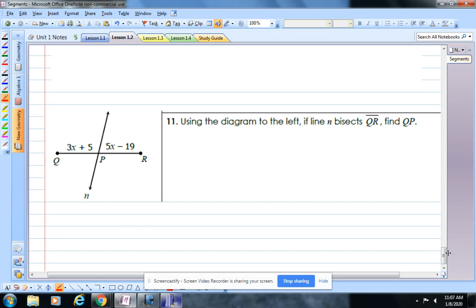That these two little segments are congruent to each other, correct? So how can I find X? Yeah, so it's important to know that word bisect. So before I can find the length of QR or QP or anything else, I have to get my X. So I can set those equal to each other because that word bisect right there is an important word. Okay?